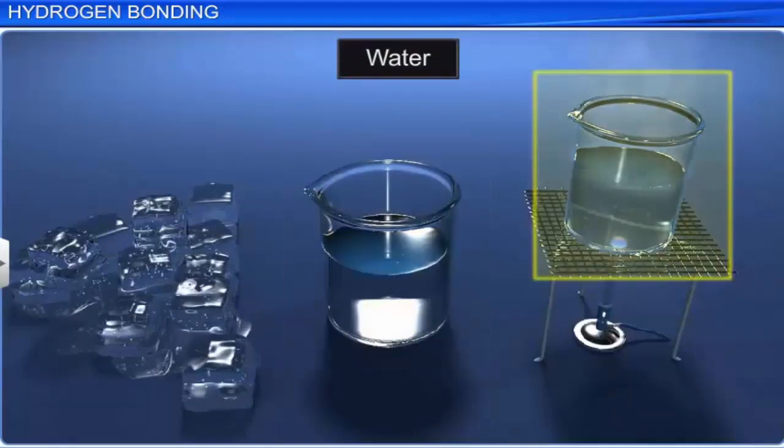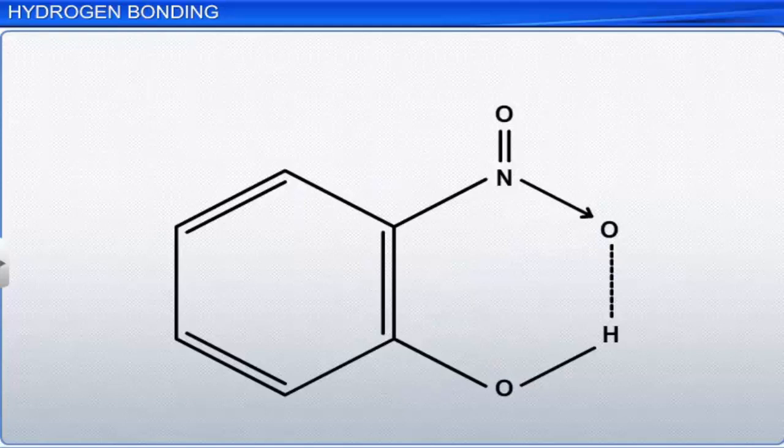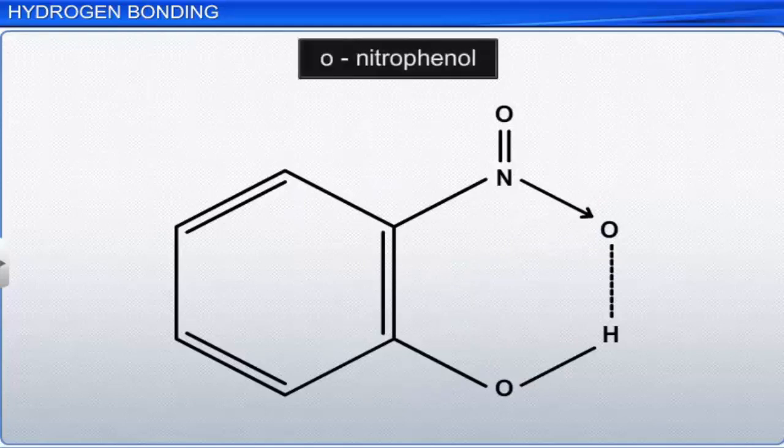The hydrogen bond present in water is said to be an intermolecular bond, which means that the hydrogen bond is formed between 2 different molecules of the same or different compounds. However, in certain compounds like orthonitrophenol, a hydrogen bond is formed between the hydrogen atom of hydroxyl group and highly electronegative atom, that is oxygen of nitro group, present within the same molecule.